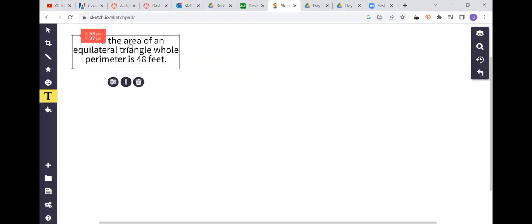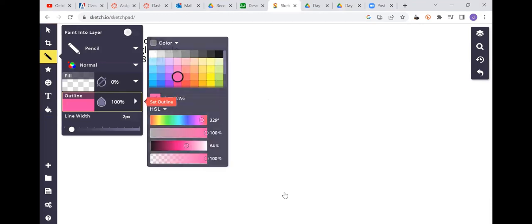Let me leave this up there. So find the area of an equilateral triangle whose perimeter is 48 feet. You might see this on the exam. Hopefully everyone's watching this video. You might see this on the test. That's what we're doing as an example right now. Let me grab my pen here.